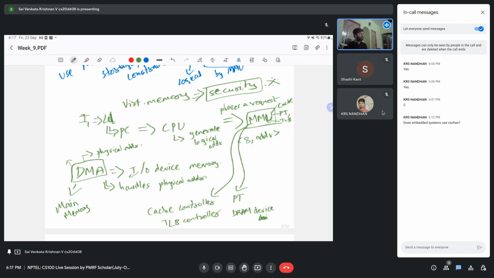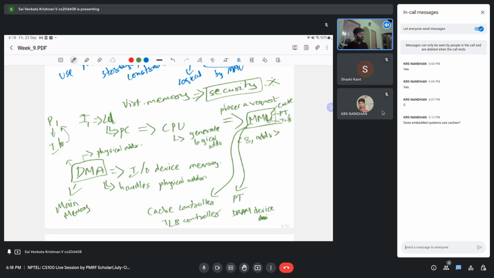For example, say process P1 requests an IO device to transfer some memory, and this IO device should just get the values present in process P1's pages only.